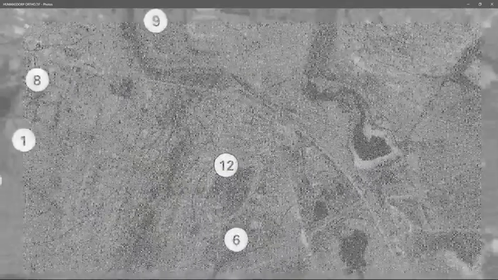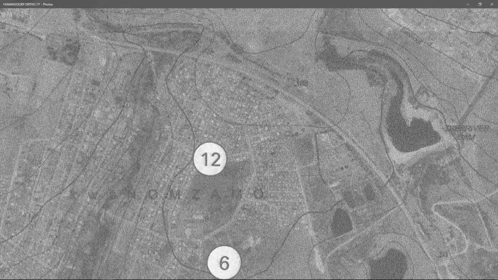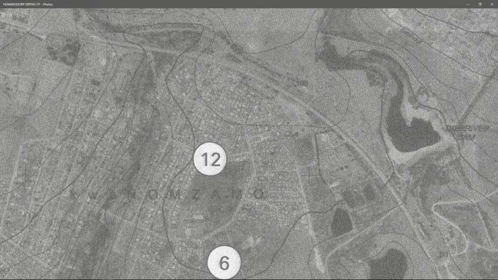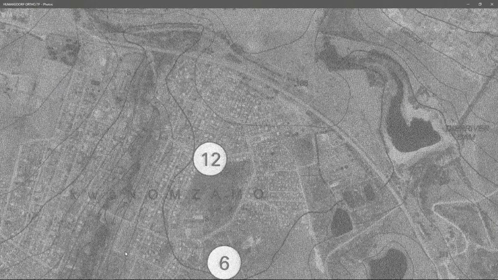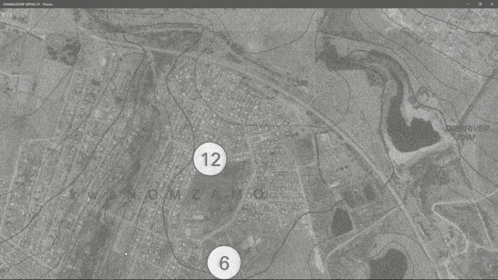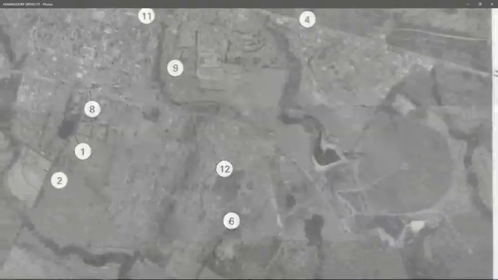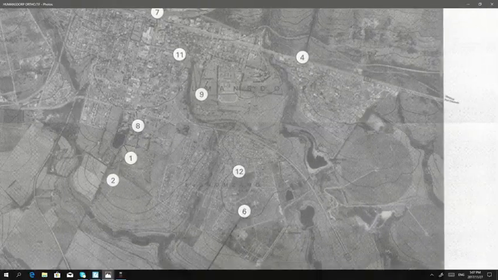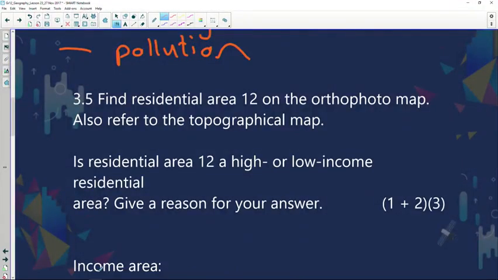If you look at area number 12, it will definitely not be a high income area, because look at the small plots and the high density, how the people live over there. So it's small property sizes, so it will definitely be a low income area. It's definitely a low income residential area.